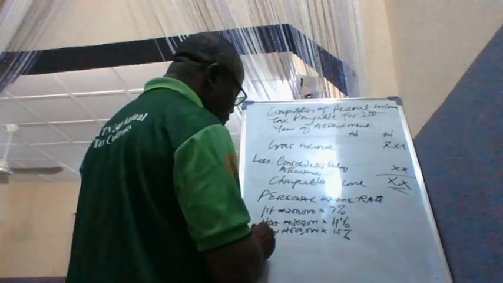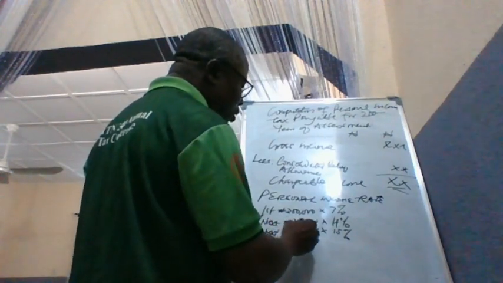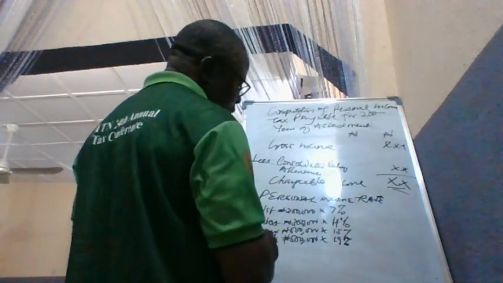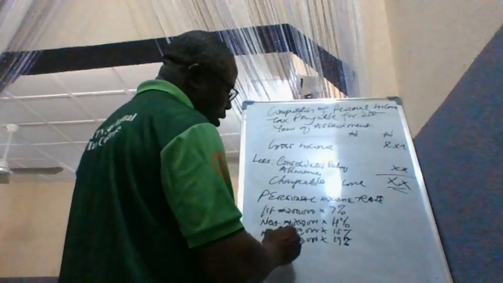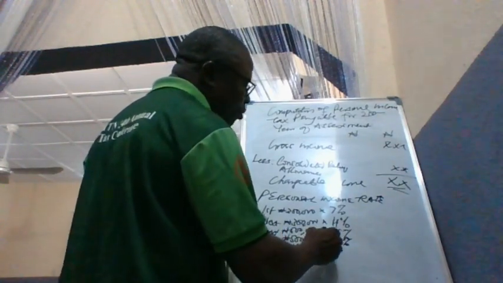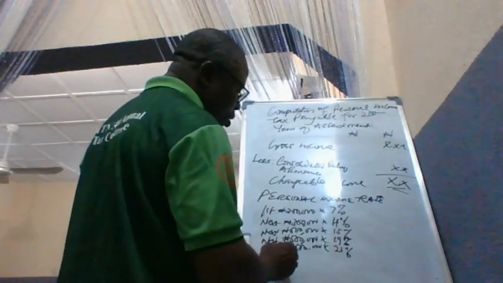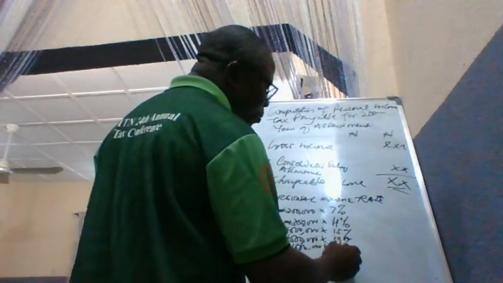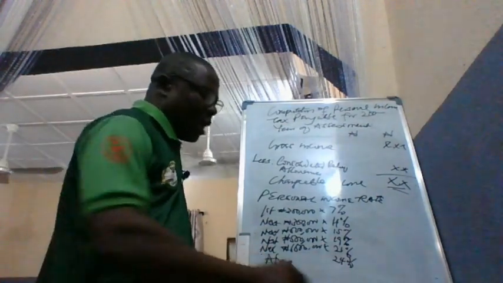Then the next 500,000 naira again will be on the 19%. While the next 1.6 million will be times 21%. Then above 3.2 million will be times 24%. So that is the format.